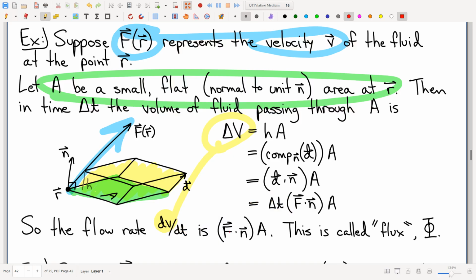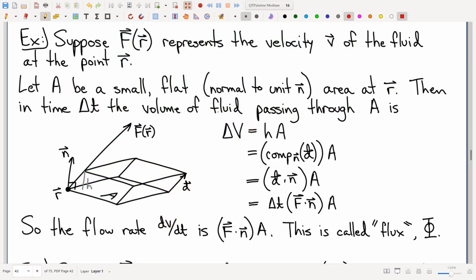And a couple of details. Now, let me clean up my picture here a little bit. A couple of details if you want to compute this volume. Well, I think it's an easy pitch that it's the area of the base times what I'm going to call the height. And keep in mind, a height is always perpendicular to the area. That's an old high school geometry formula. Volume is height times the area of the base. And what is that height?